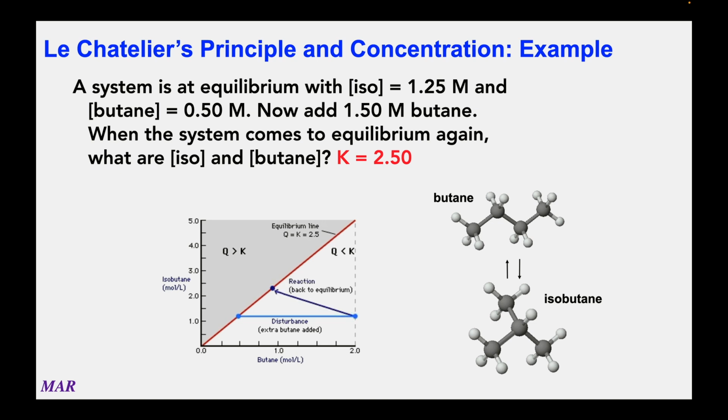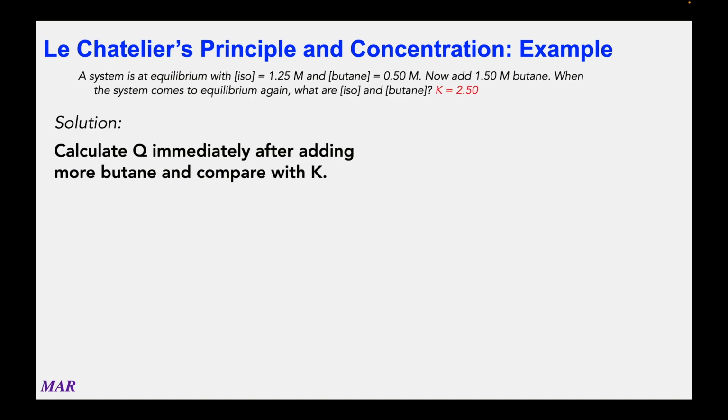This is a problem where you could absolutely calculate Q first to see if, after adding the extra 1.50 molar butane, you are really at equilibrium or not. And of course, you'd find out you aren't. But that will allow you to predict the direction of the shift needed to get the reaction back to equilibrium, because that 2.50 number has to be followed at this temperature, no question. So let's calculate Q.